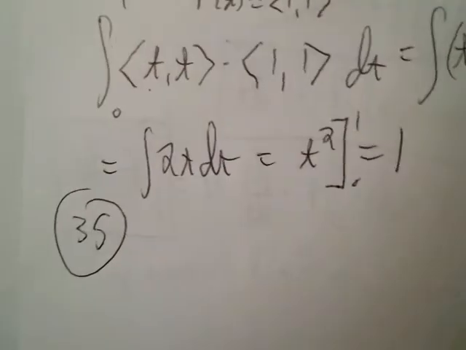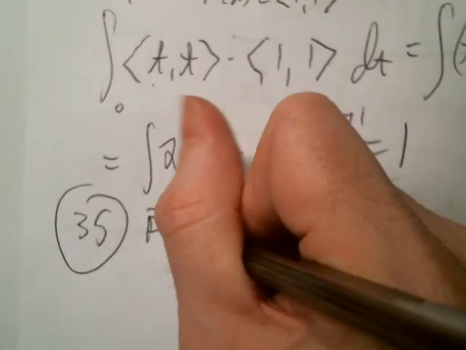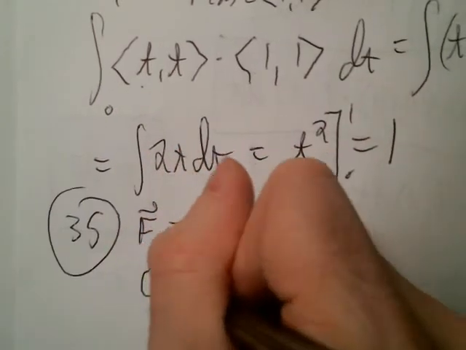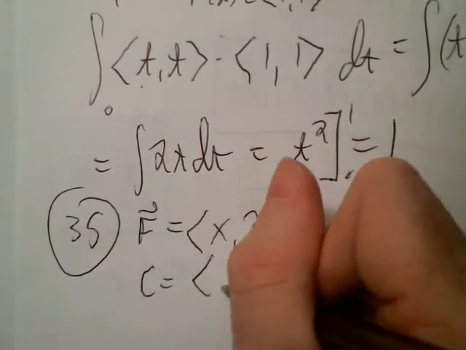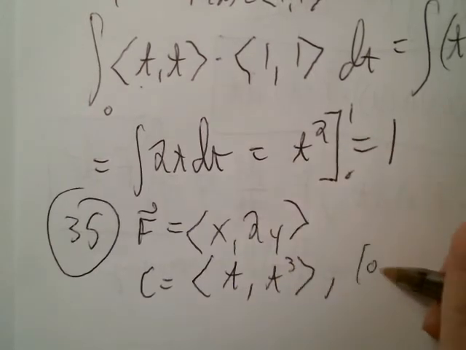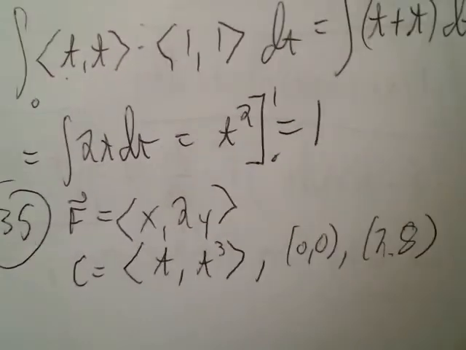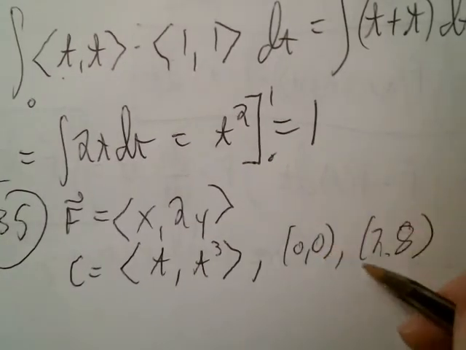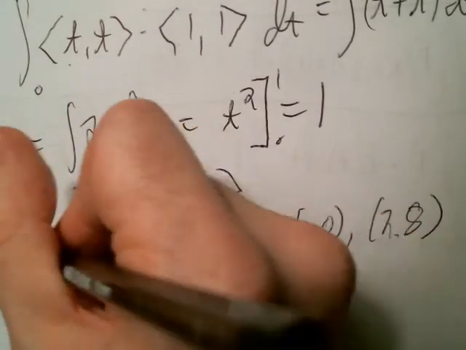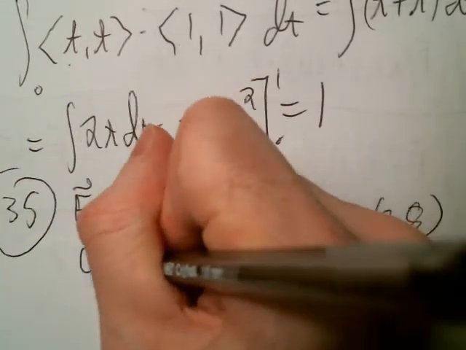35. Force field this time is x comma 2y. The curve is t comma t cubed from 0, 0 to 2, 8. And these are given in terms of x's and y's. So we need the t value. This is our r of t.